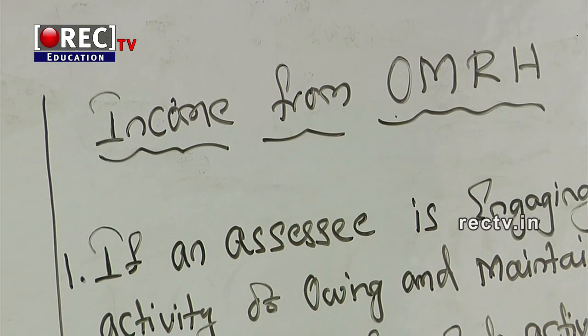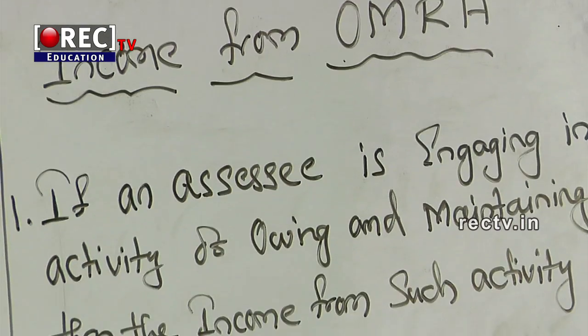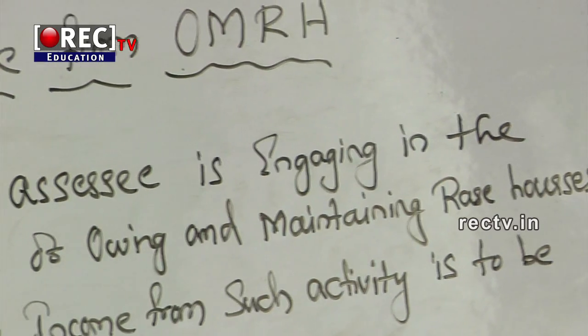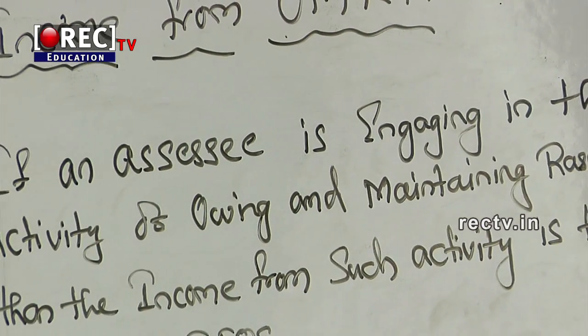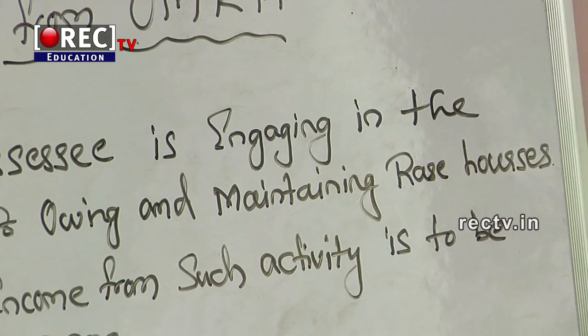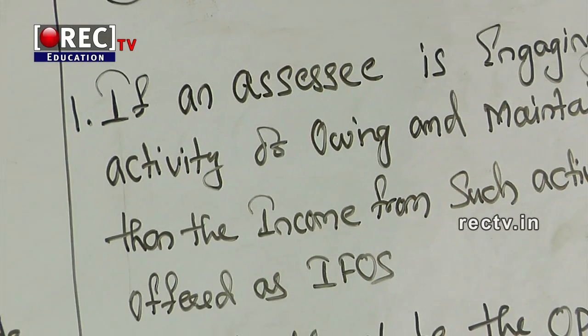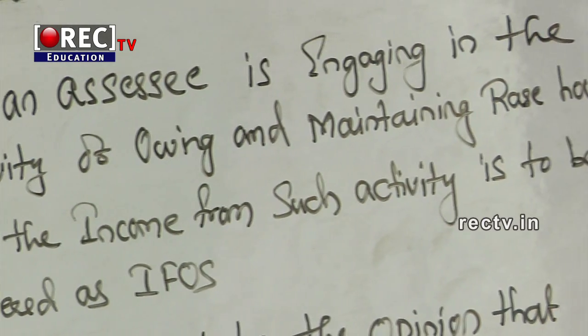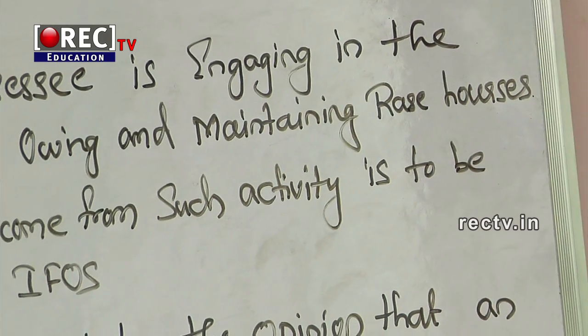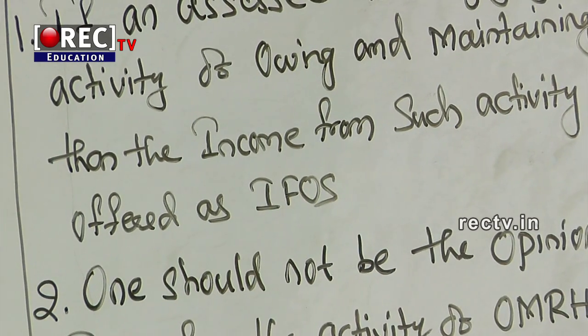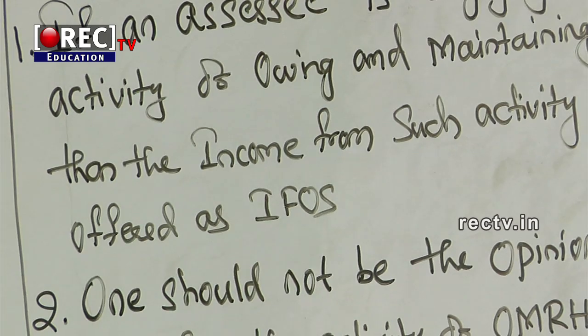Now, income from racehorses. If an assessee is engaged in the activity of owning and maintaining racehorses, then the income from such activity is to be offered as income from other sources.